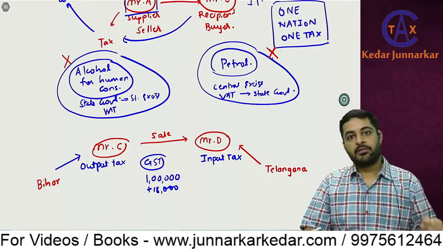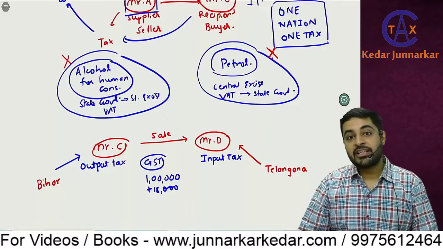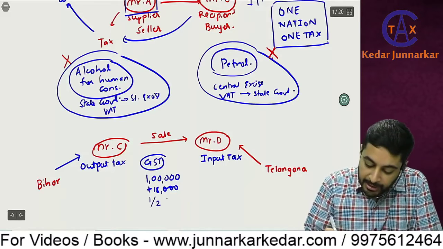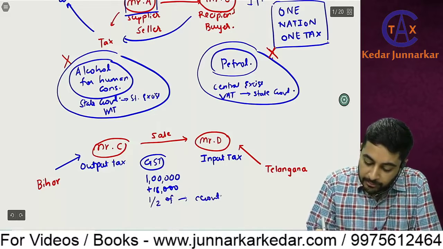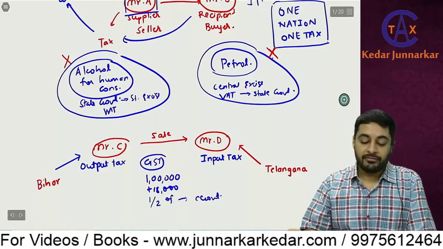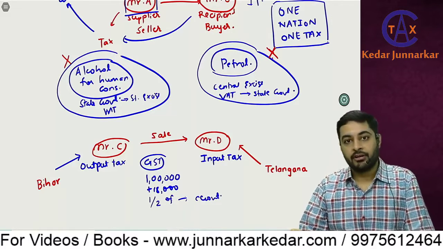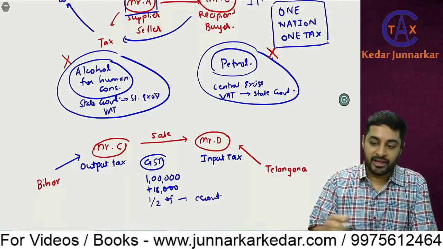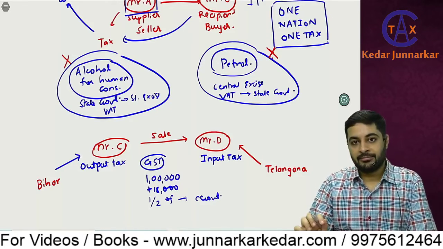Now C will pay to government. Which government will get that tax? Half of it will be the revenue of central government. The balance half will be revenue of which government? Will it be Bihar government, that is the government of the seller, or Telangana government?